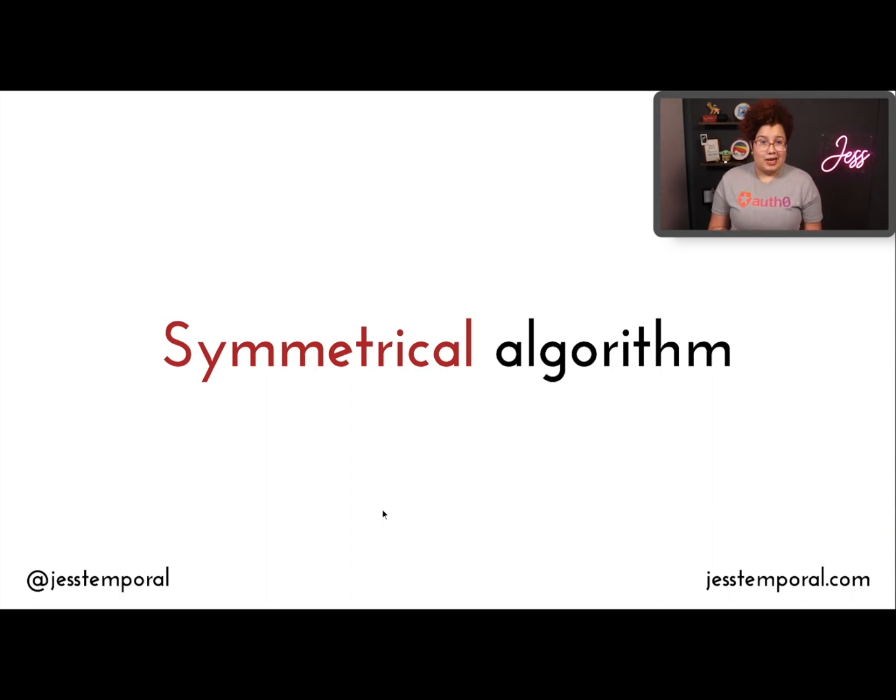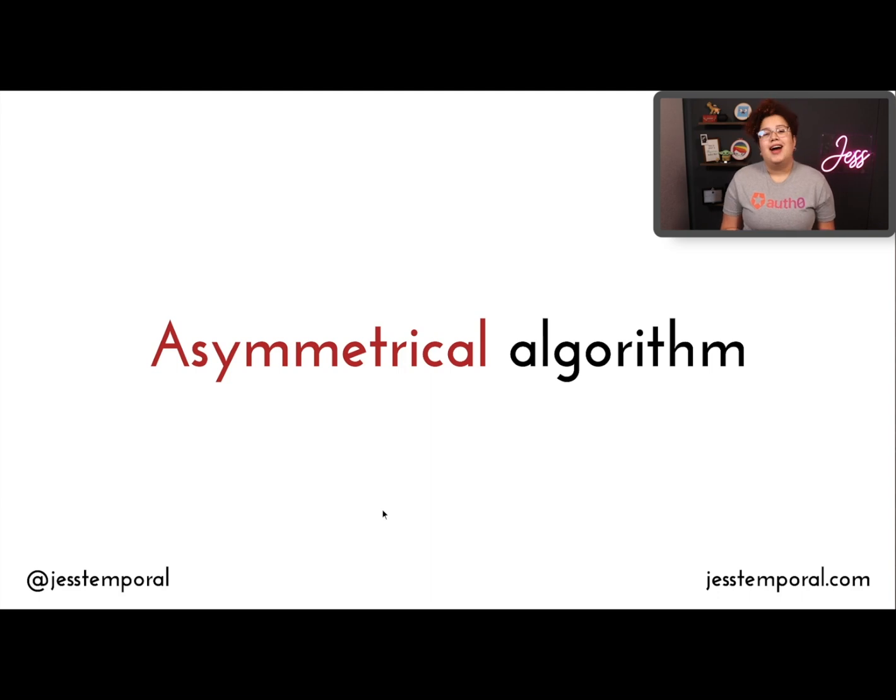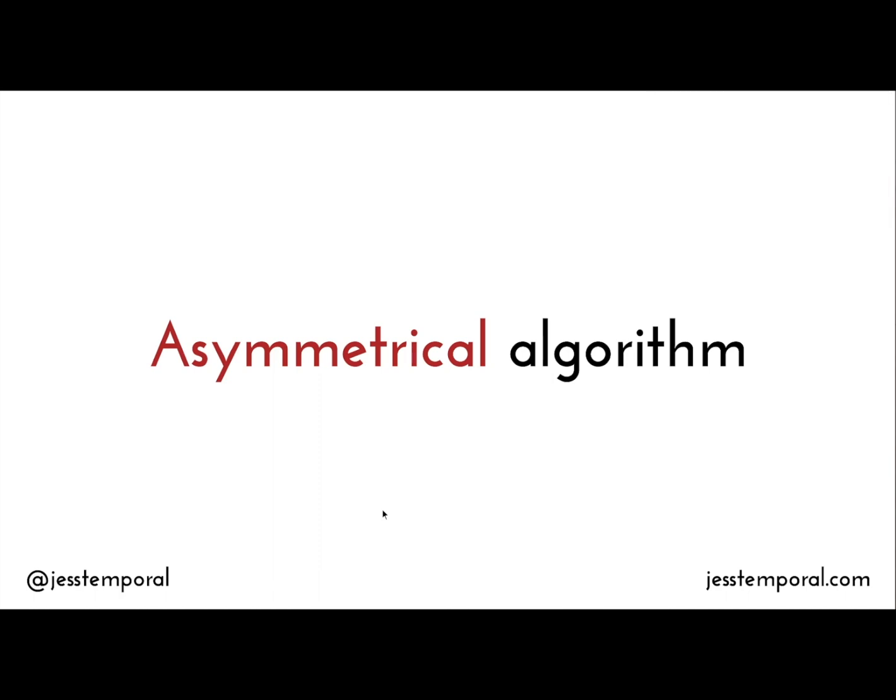And the second type, the ones that I find the coolest, are the asymmetrical algorithms, like RS256, for example. These types of algorithms, on the other hand, use a private key for signing and a public key for verifying the token. This way, you can keep your private key secure and share the public key so the other side can verify your tokens. And guess what?